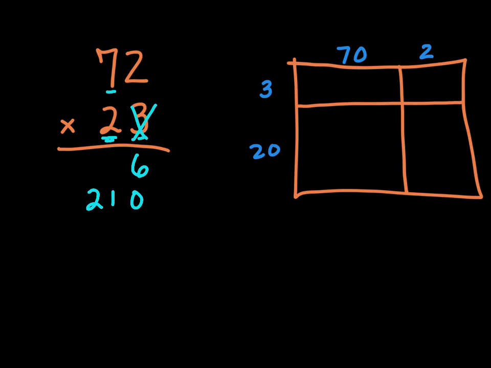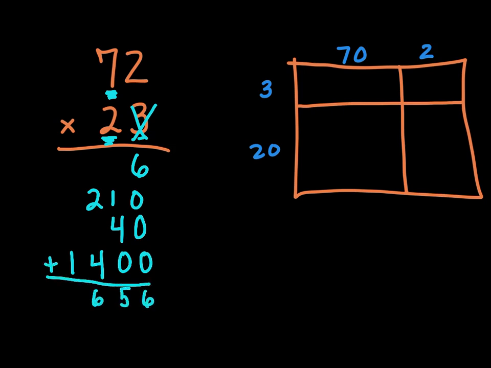So 20 times 2 is 40. Then we do 70 times 2, and that's 14 with the 2 zeros. Now we add up our partial products. We get 1,656.